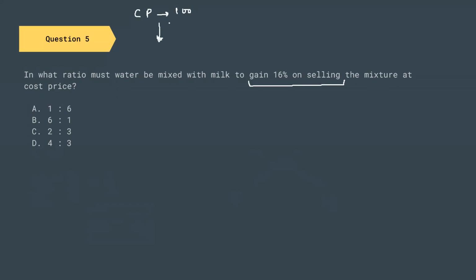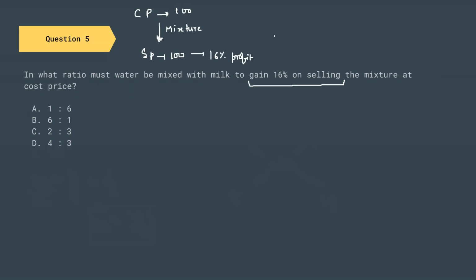Now the milkman is selling the mixture, not pure milk, mind you. The milkman is selling the mixture also at 100 rupees. And when he is selling the mixture at 100 rupees, he is gaining a 16% profit. So let us find out what is the cost price of the mixture.